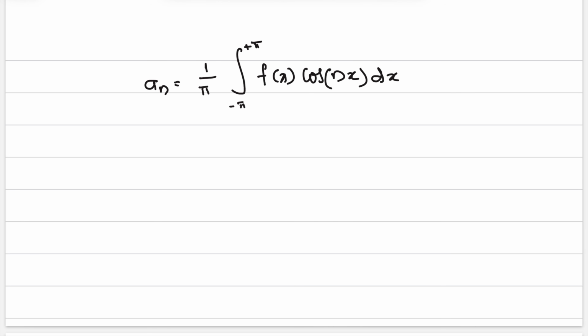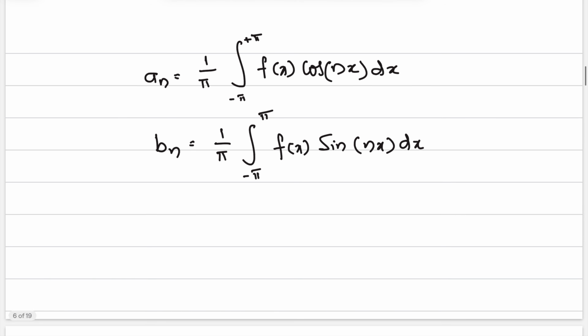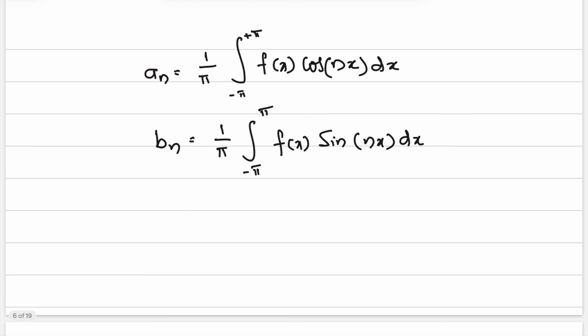It is a 2 pi periodic function we are taking. Bn is equal to 1 by pi integral minus pi to plus pi function x sin nx dx. Because the interval is from minus pi to plus pi we have taken, and the equation also denotes that, the function x also denotes that.